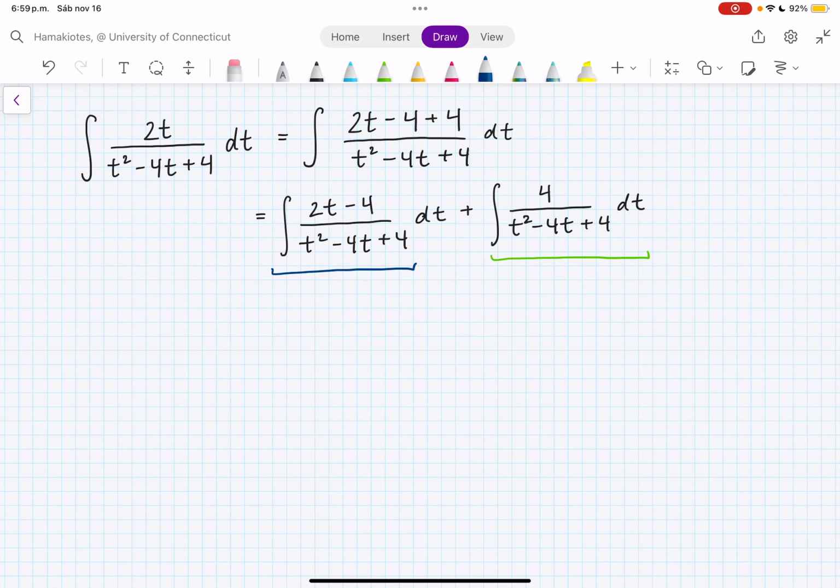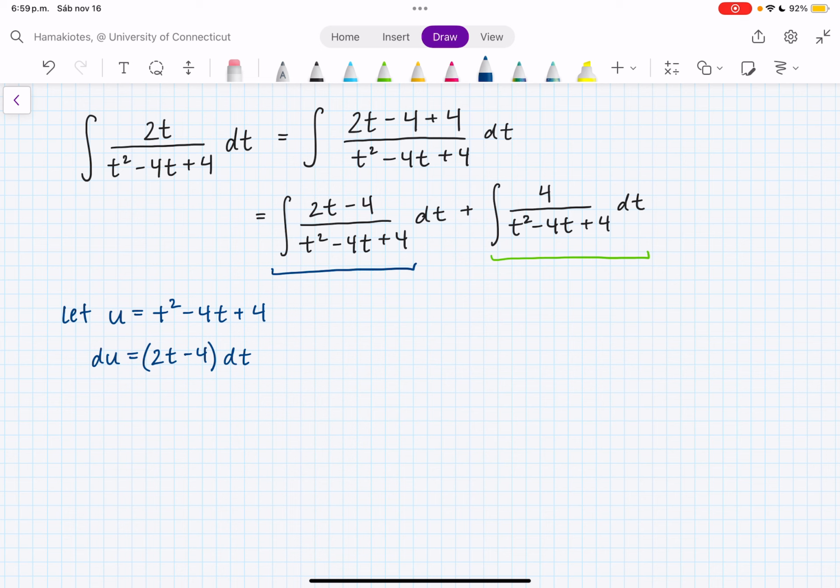So for the first integral, I'm going to let u be t squared minus 4t plus 4. So du is 2t minus 4 dt.